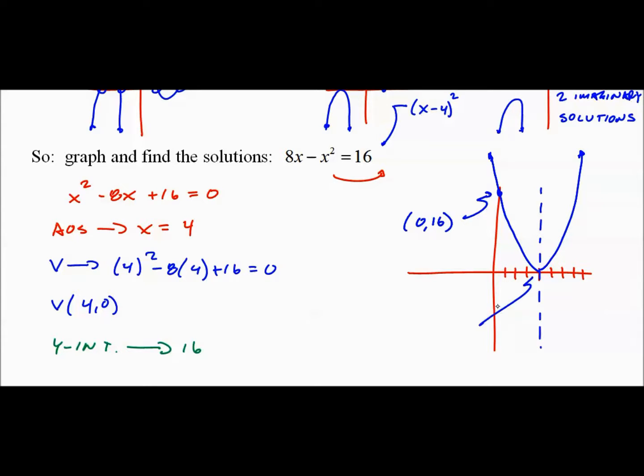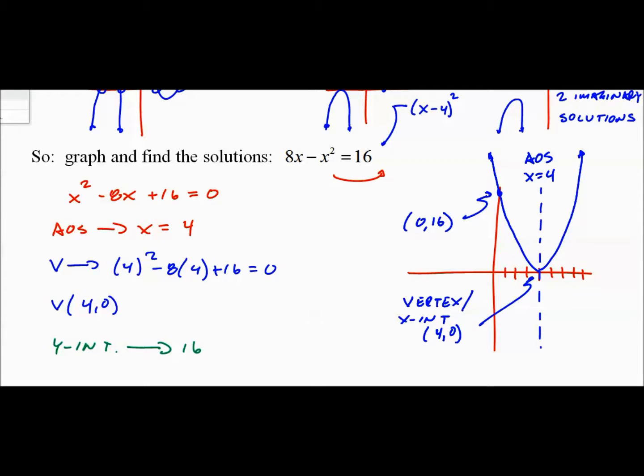Here is my vertex and my x-intercept, because they happen to be the same in this case, of 4, 0. Here's my AOS, x equals 4. Now the big deal here is that we're trying to find where it hits the x-axis. In this case, it was right on the vertex. So that was kind of easy.